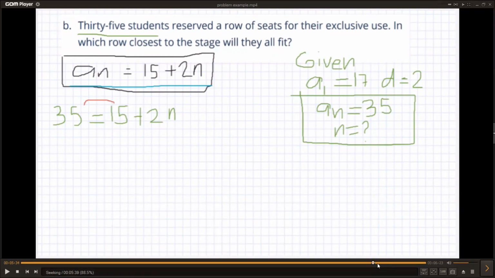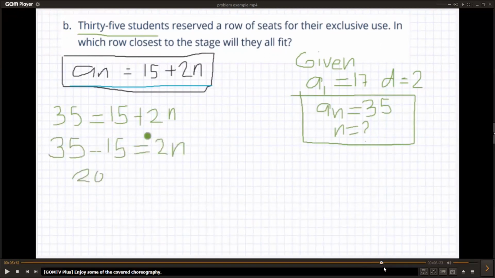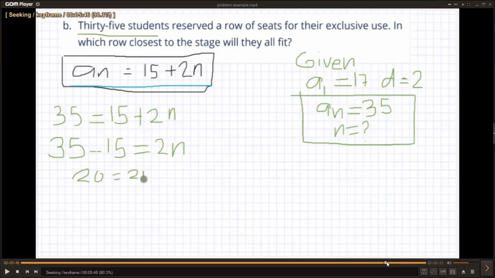Subtract both sides by 15, or just transpose positive 15 to the other side and it will become subtraction to 35. So 35 minus 15 is equal to 2n, and 35 minus 15 is 20. And 20 is equal to 2n.